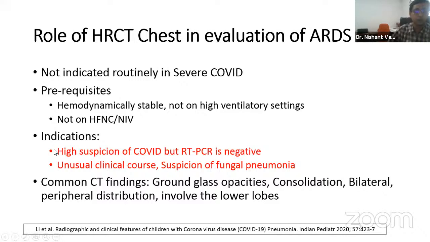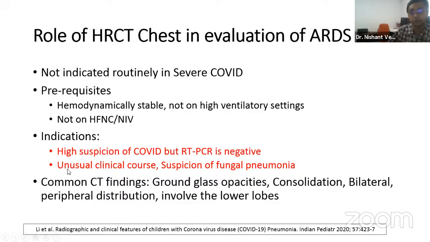So indications of doing CT are when there is high suspicion of COVID, but RT-PCR is negative. So then this is one scenario where you can consider doing a CT. And if there is unusual clinical course, you are suspecting that the child has developed fungal pneumonia, because diagnosis of fungal pneumonia on an X-ray is difficult. CT can show you classical signs like crescent sign, the fungal balls, which can be seen on CT.